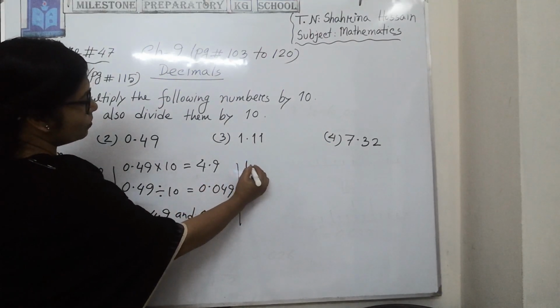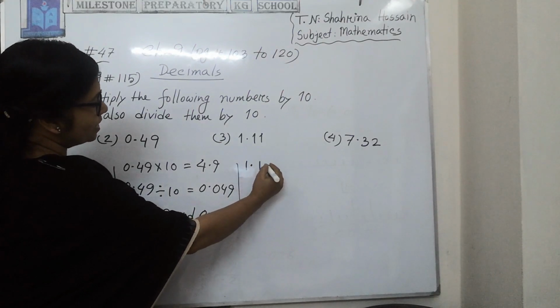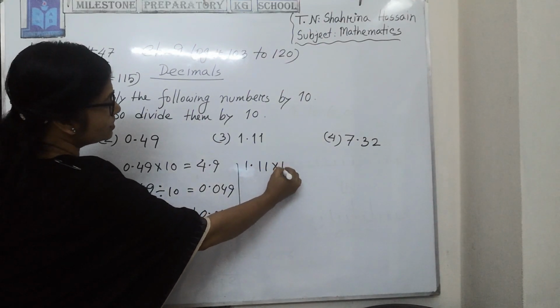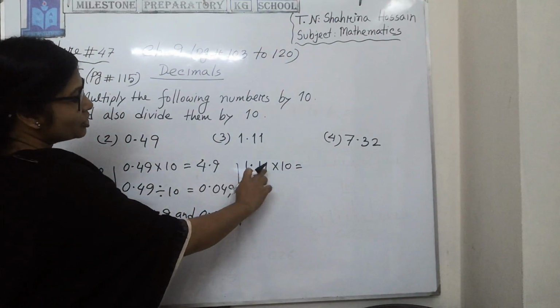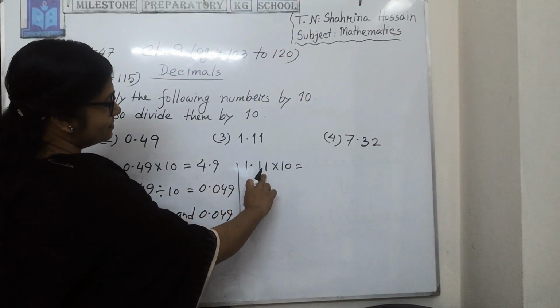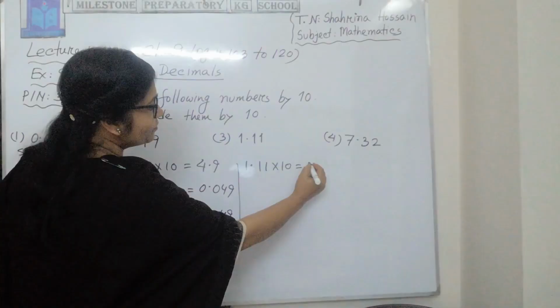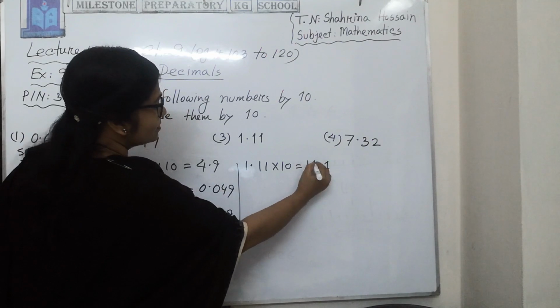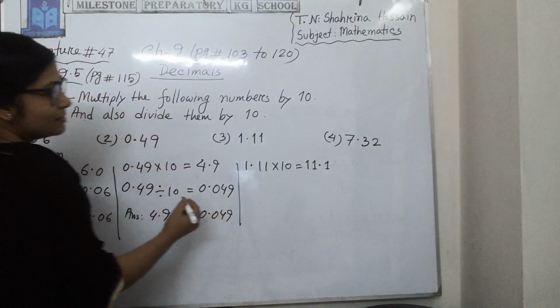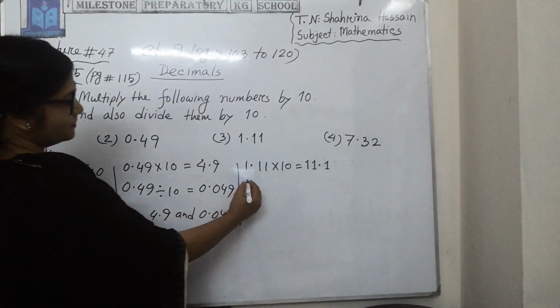Here 1.11 into 10. So my answer is what? The decimal position will go after this one. So before decimal there will be 11, then decimal 1. Okay, 11.1.